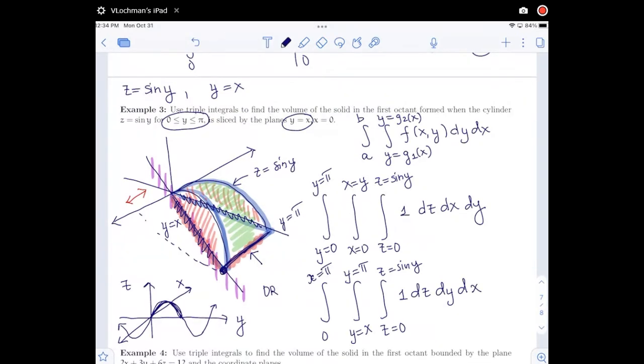These two integrals are equivalent but slightly different ways to set this up. And now you can see if you integrate the first one, you get a function of y, and then you integrate with respect to x, you get rid of x and you're only left with a function of y as your last integral. Similarly, for the other one, you get a function of x at the end. Either way, whichever way you do it, you're going to get pi.